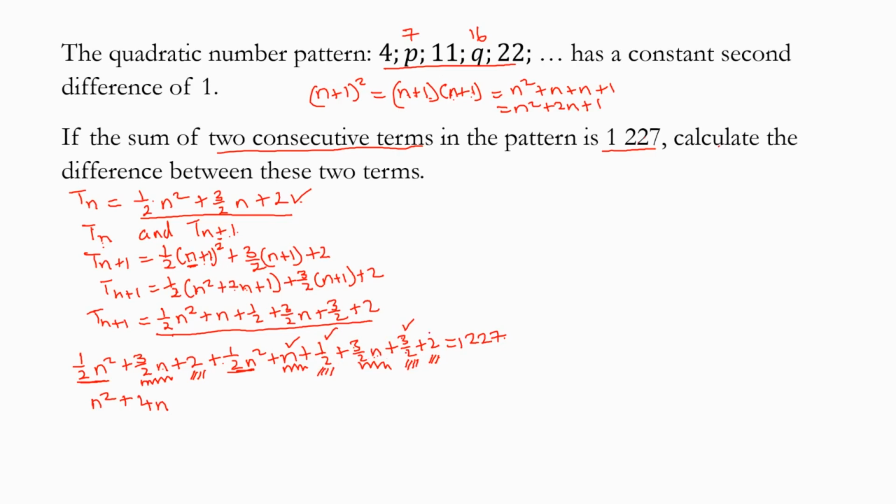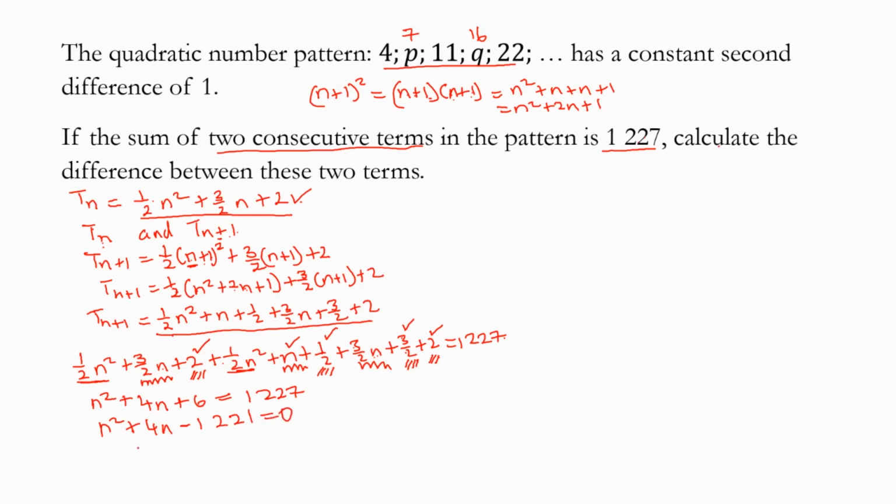Then 2 plus this 2 is 4, then plus this 2 is 6. You see that? Then plus 6 is equal to 1227. And then let's get our standard form. So it's n squared plus 4n minus 1221 is equal to 0.